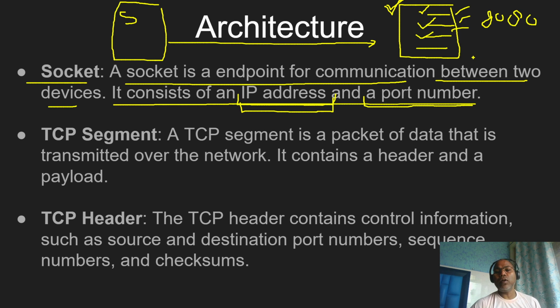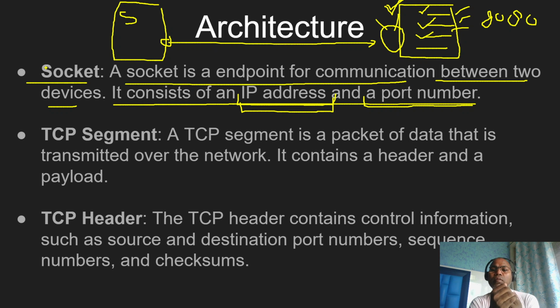So for making a connection between your sender and your receiver, we have a socket. Socket means the combination of your IP address plus your port number, so that the sender is properly connected with the particular application which you want.